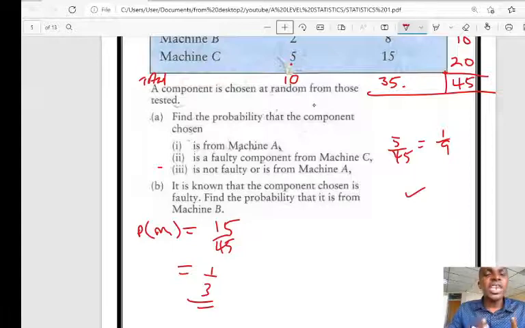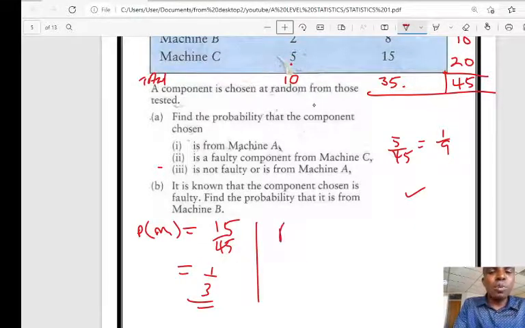You can check it on my YouTube channel, Laxton Mangea. Right, find the probability that it is from machine B. We are given the condition that this component is faulty, and we are being asked to find the probability that it's from machine B.